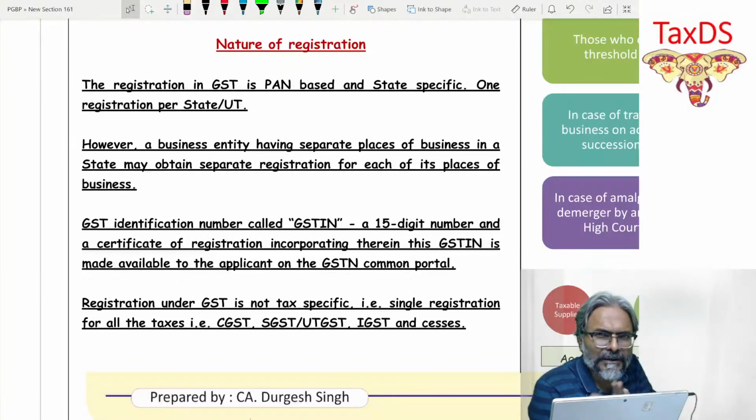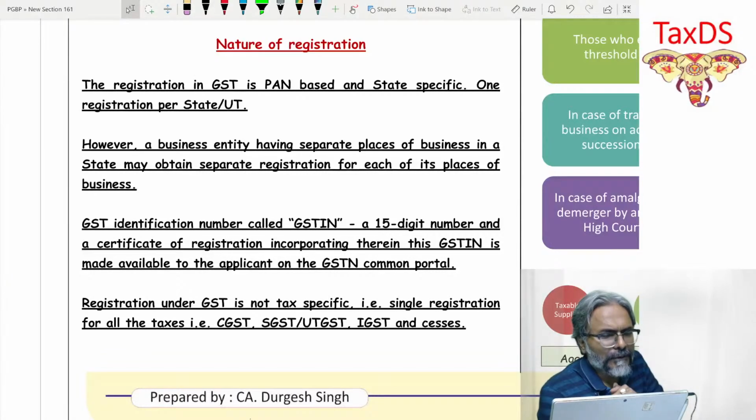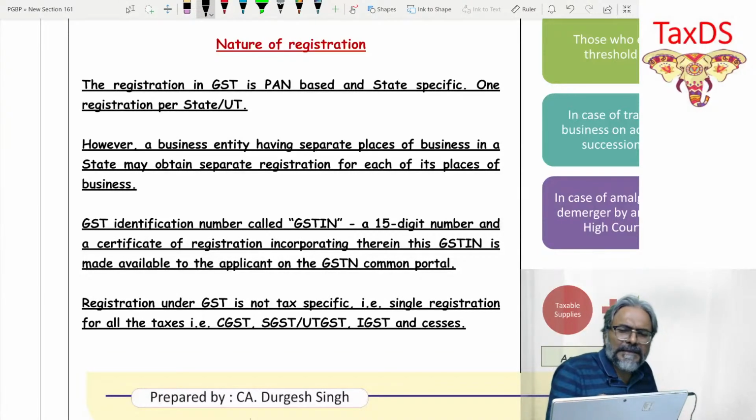All these topics, students, are small topics. Unlike the other topics which had a lot of parts and parcels, these topics will not take much time. Now, students, nature of registration, let's read this one out. The registration in GST is PAN based and state specific. One registration per state or union territory.